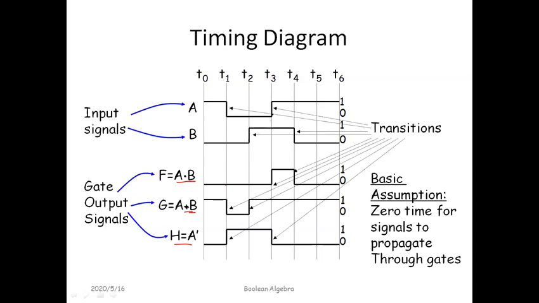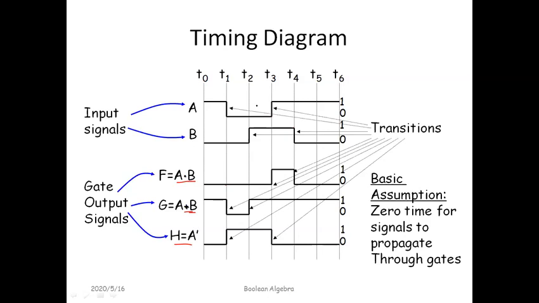Then at 3, signal A transitions from low to high, and meanwhile signal B is high and remains high up to 4.